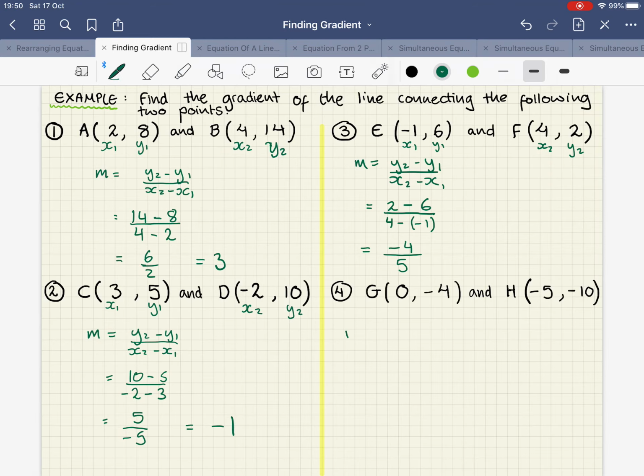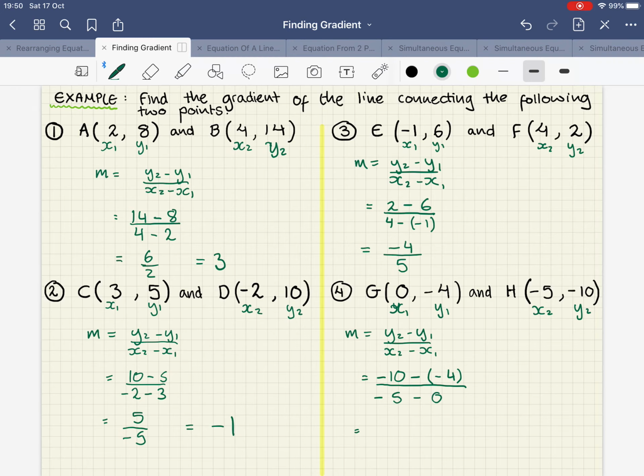And then my last one, m equals y2 minus y1 over x2 minus x1. So that's my first x coordinate, y coordinate, second. So I've got negative 10 take away negative 4 all over negative 5 take away 0.